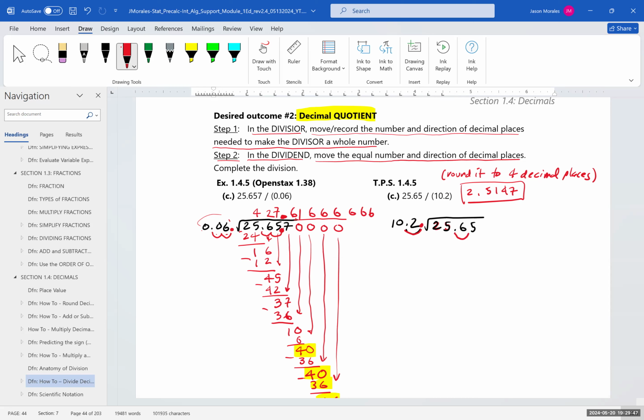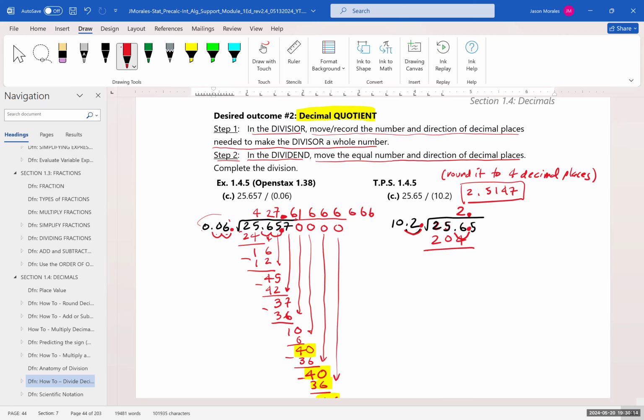And then we have to move the decimal point in the dividend the same number of times in the same direction. So now we've got 256.5 for the dividend, and we're going to divide 102 into that. So 102 will go into 256 at most 2 times, which will get us 204.